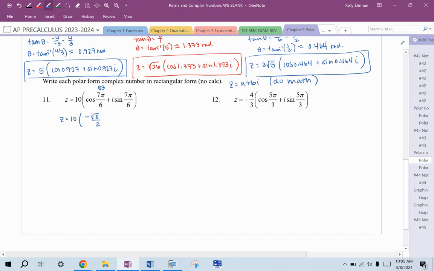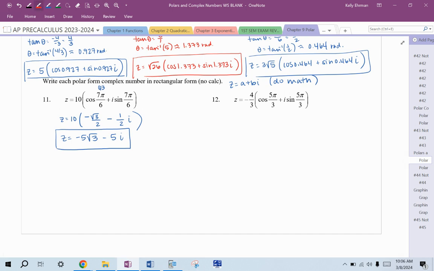And then sine is also negative, so minus, sine of 7 pi over 6 is negative 1/2, not radical 3 over 2. Okay, so when we distribute the 10 through, we get negative 5 radical 3 minus 5 times i. So these are easy ones unless you do the math wrong, and then you feel silly.